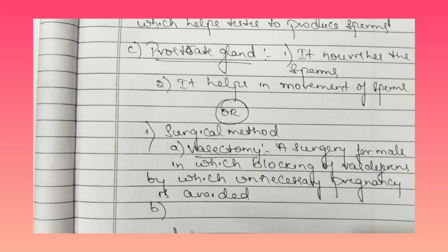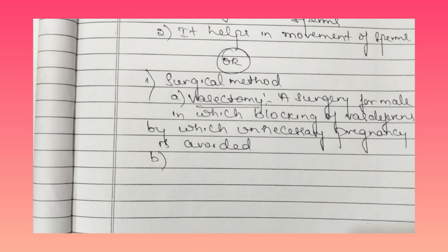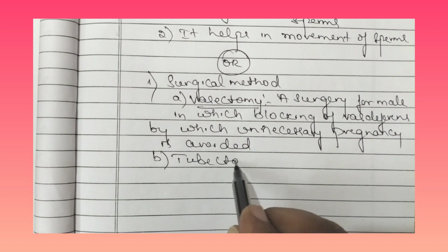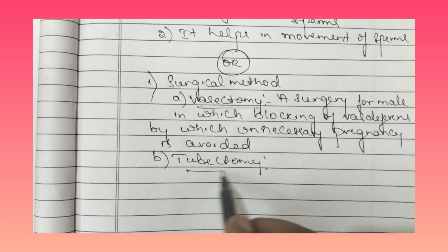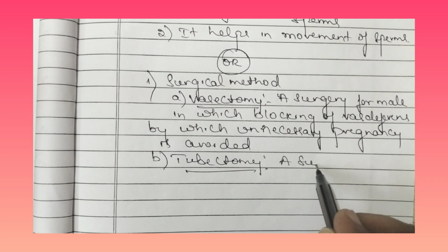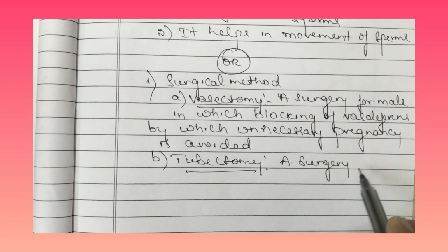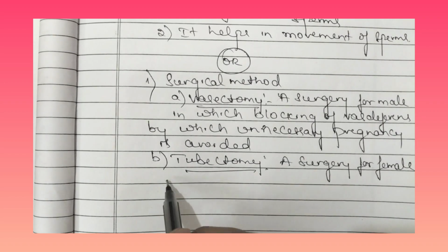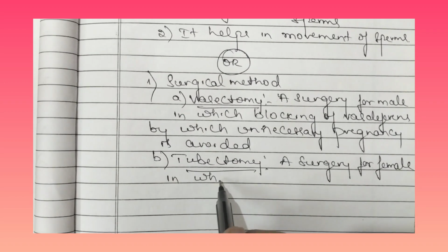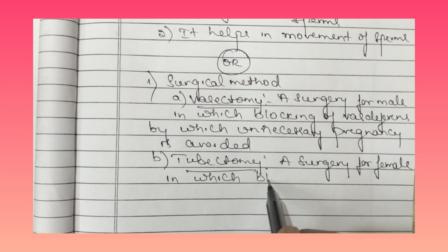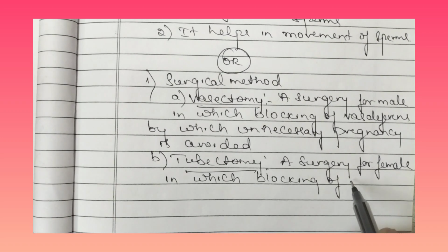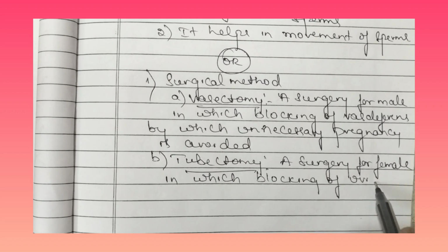And the second one is called tubectomy, a surgery for female in which blocking of oviduct.